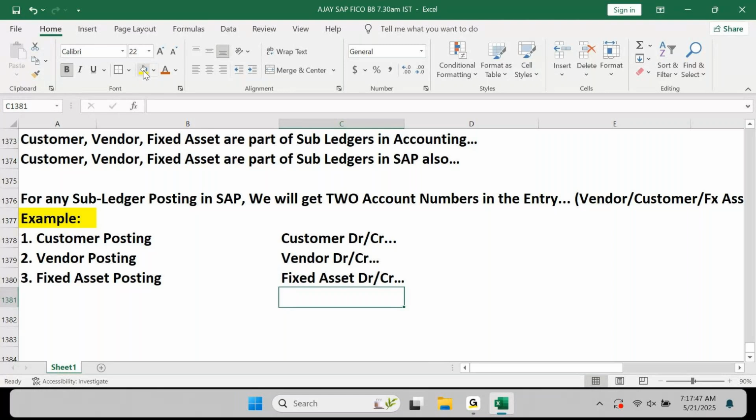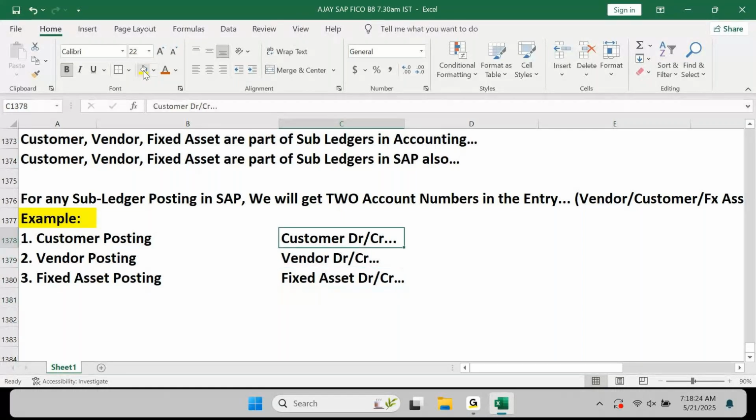Is this right or wrong? Right, sir. In any transaction that I post with respect to vendor, I have to debit or credit my vendor account. This is also correct. Similarly, when I do any entry to my fixed asset, I need to ensure my fixed asset is either debited or credited. Correct?